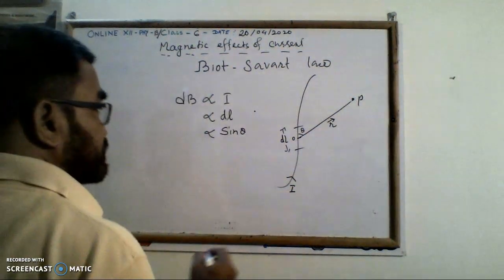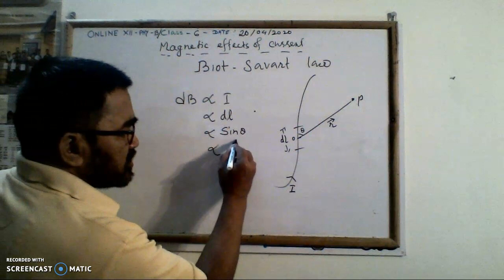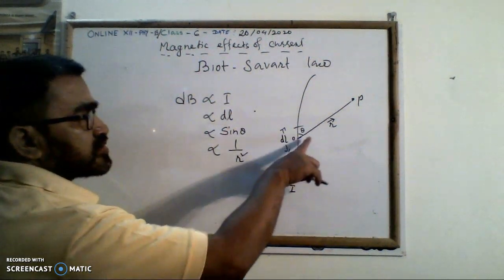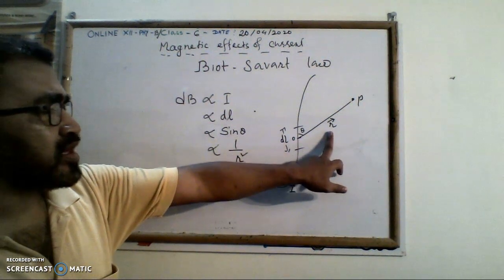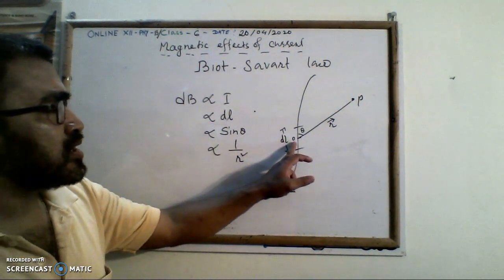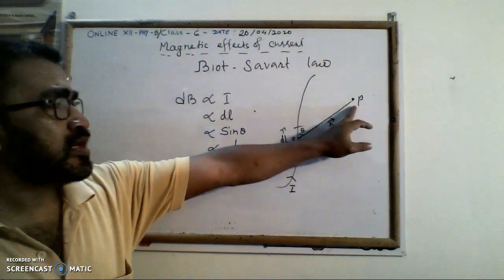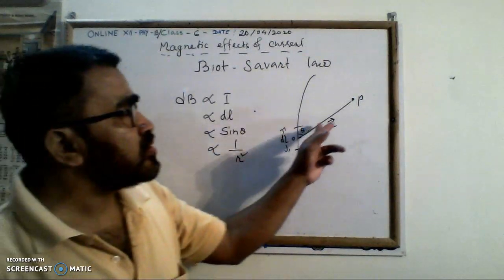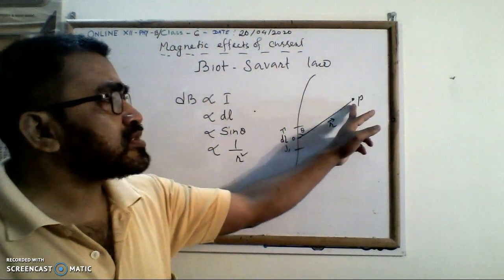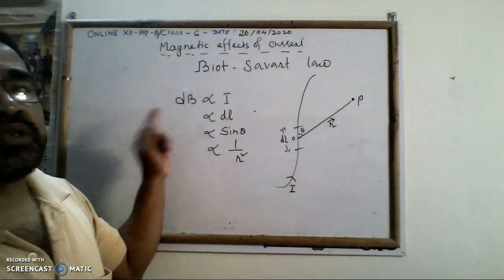Now, the last factor is the square of the distance. It is the value of the position vector from the center of the current element up to point P. This is the experimental point. So it is inversely proportional. When P is taken away from this conductor, then this value will decrease.